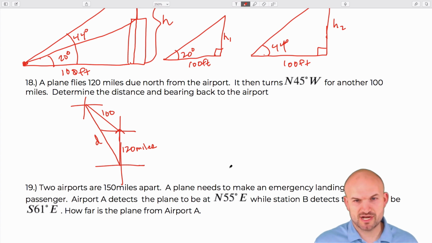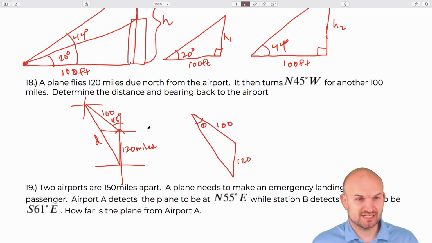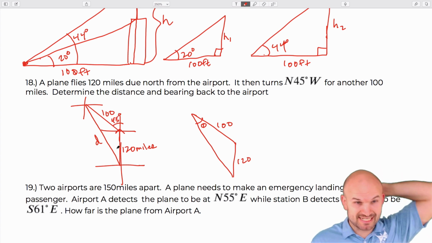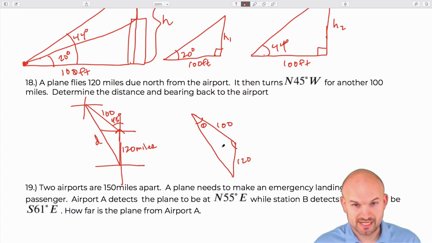So let's draw this triangle again because it's kind of small the way I drew it. So we have 120. We have 100. And we're going to need to figure out this theta. So we do know this is 45 degrees. That is helpful because if that's 45 degrees, then we know that this angle is 135 degrees.